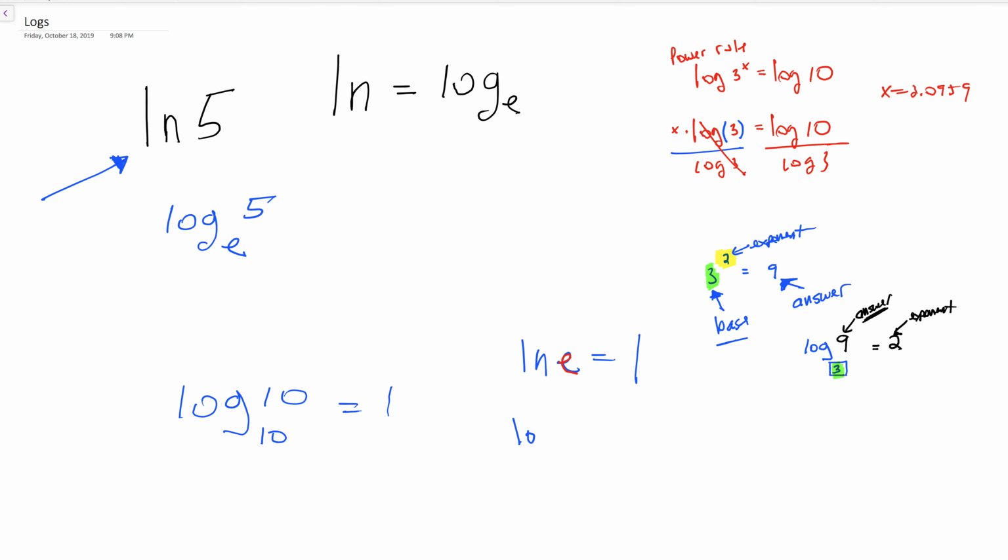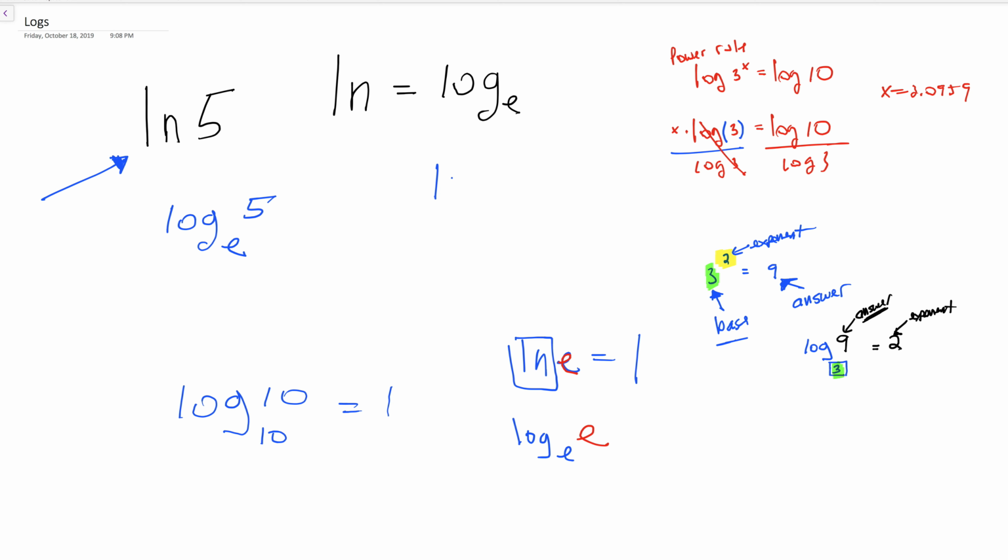You have log base e, which is implied in here. Then you have red e, which is here. Do you see that? So yeah, exactly.